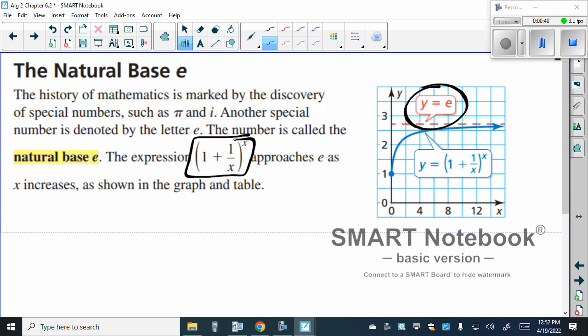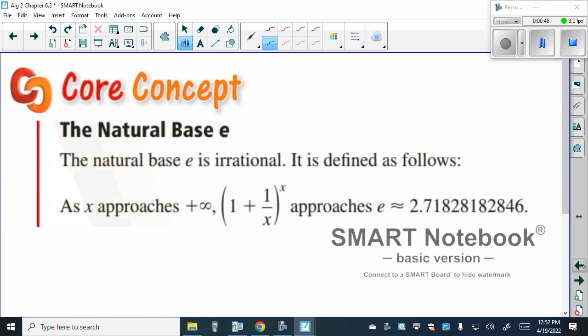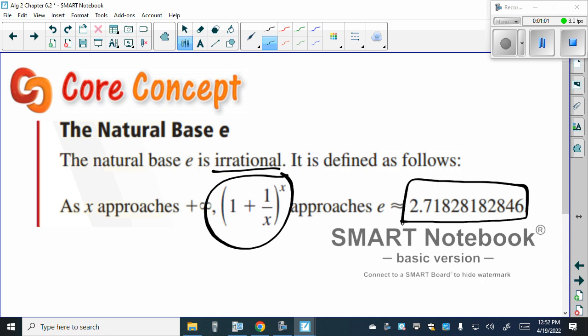And again, we say approximate because e, just like with pi, is an irrational number. So we can approximate it with this, but we can't actually get to the actual value for e.